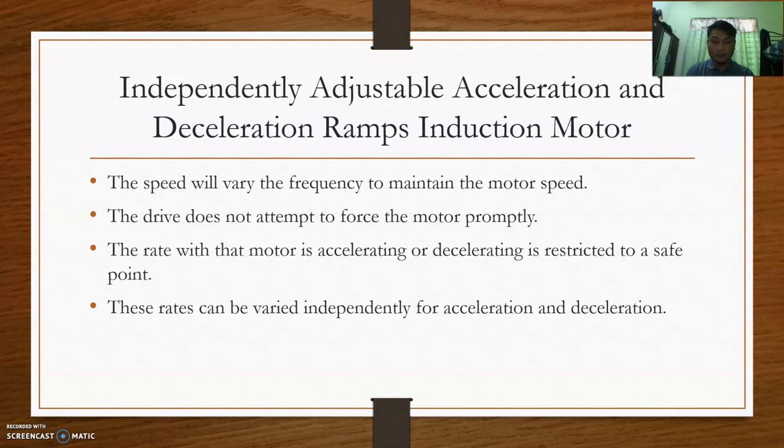In its place, the rate at which the motor is accelerating or decelerating is restricted to a safe point by a distinct circuit constructed into the electronic part of the drive. These rates can be varied independently for acceleration and deceleration.